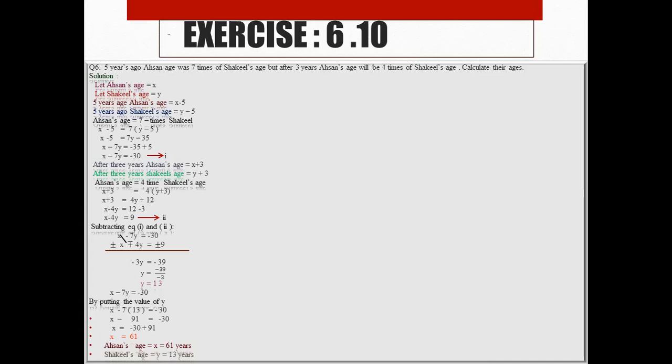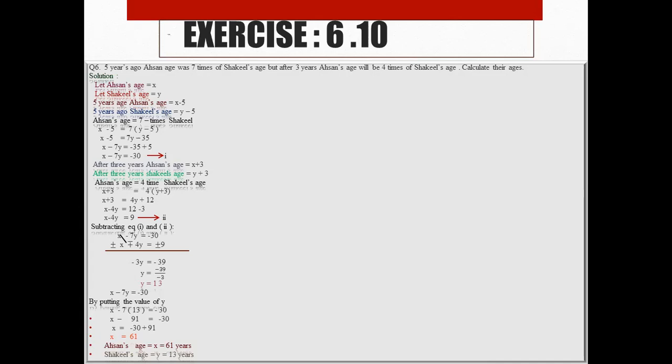Now, students, see in both the equations, the coefficient of x is 1. It means if we subtract both the equations, we can eliminate x and we can get the value of y easily. So we subtract the second equation from equation 1.